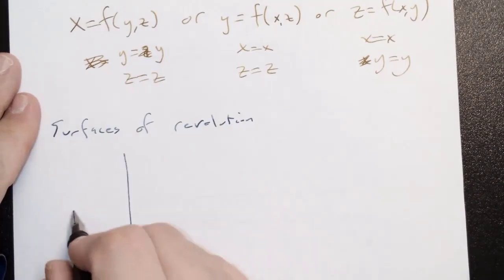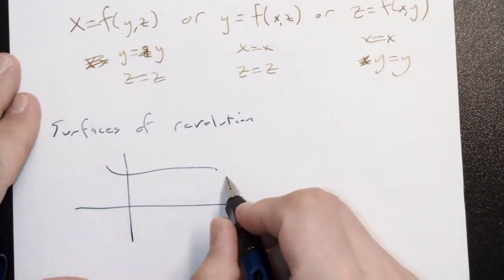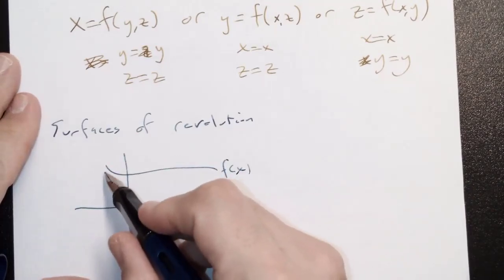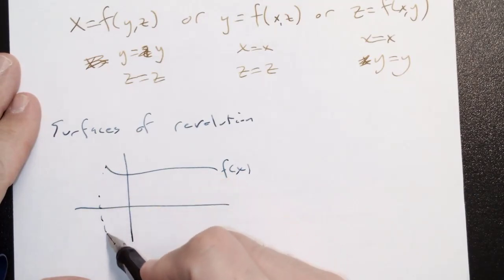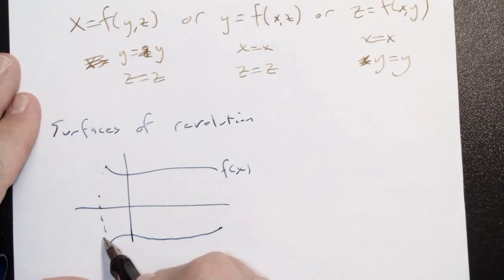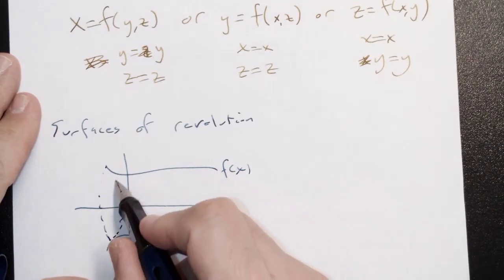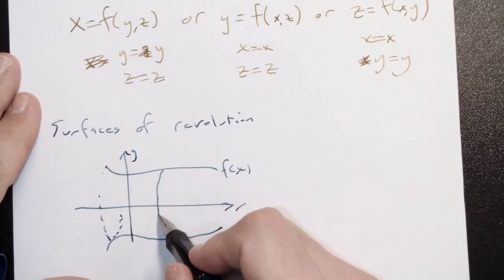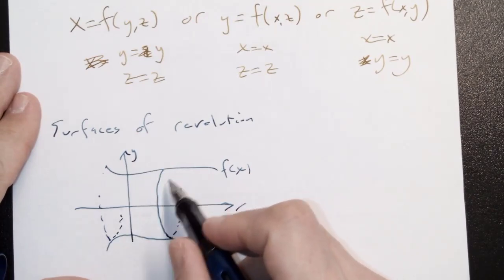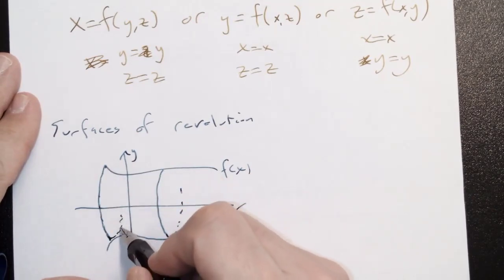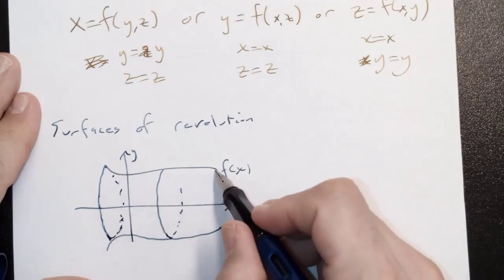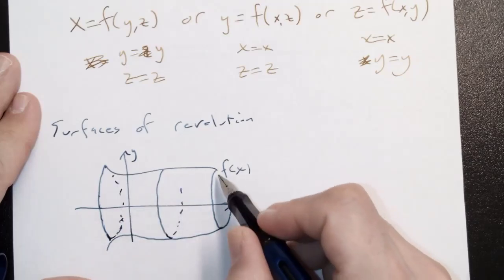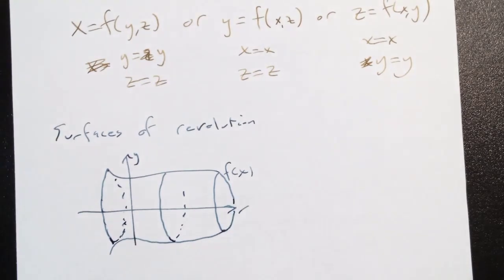But let me think about this again. I have some curve f of x. I'm going to rotate this curve around the x-axis. What I'm creating is a two-manifold, a two-dimensional manifold.